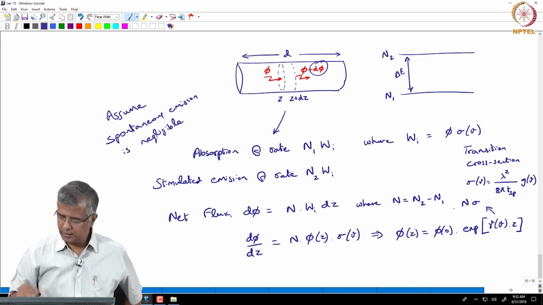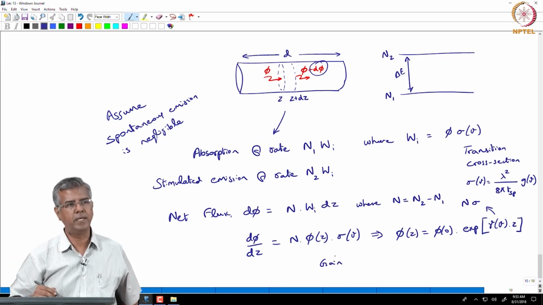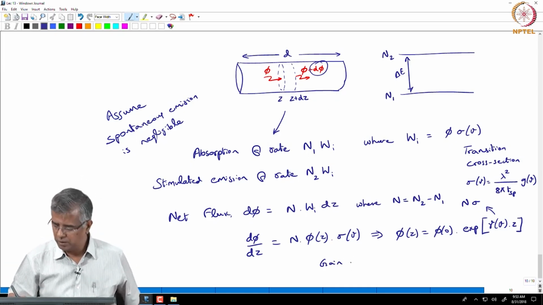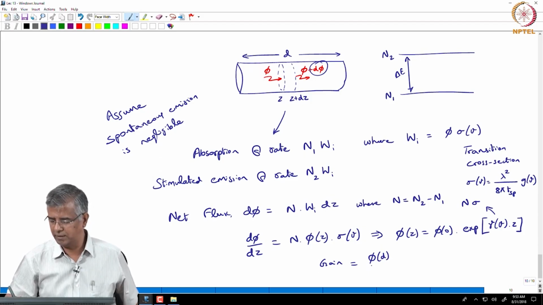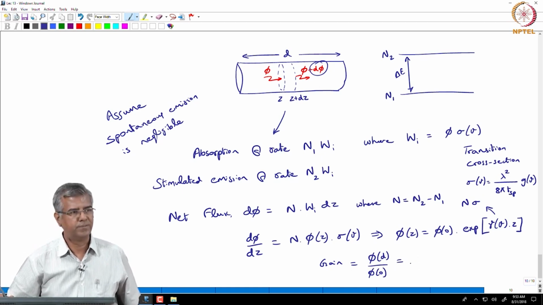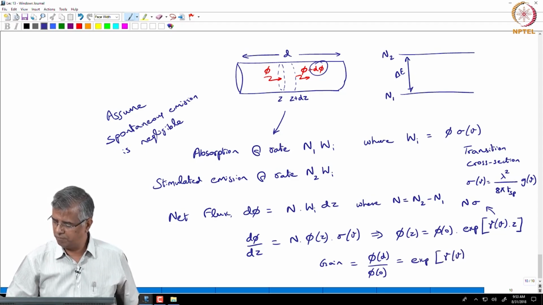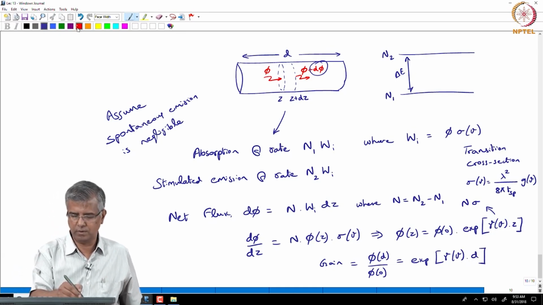So, if we were to look at the total gain of the system, which corresponds to the flux density at the output of this entire length d divided by phi of 0, that will be what? Exponential of gamma of nu multiplied by d, right.